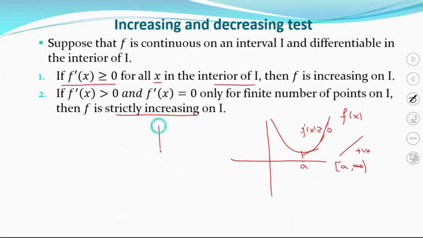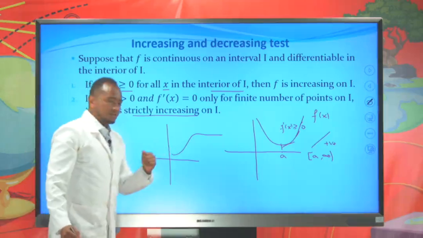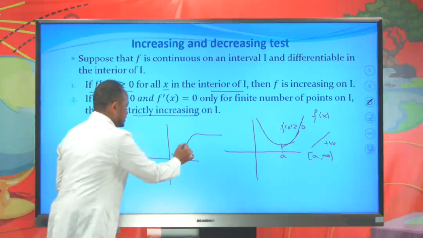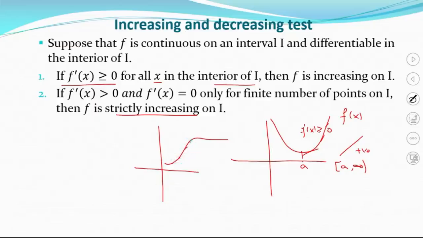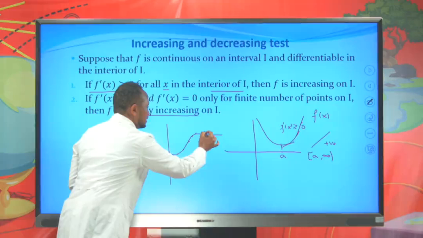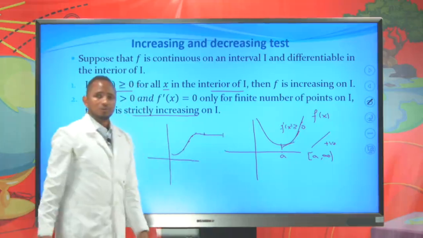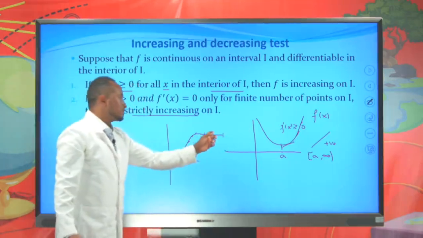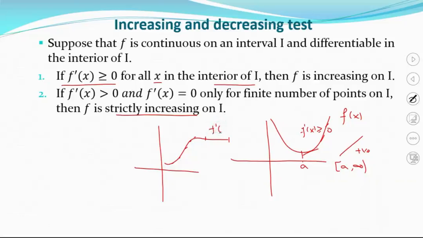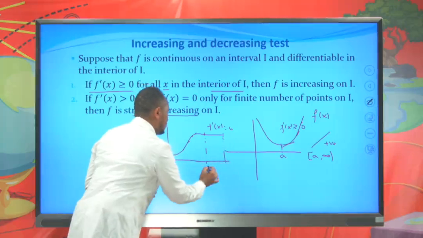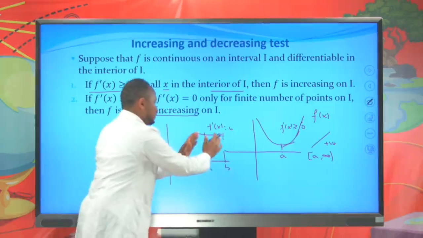But if you take this function, the derivative of this function, as you can see, is the slope of this tangent line. The slope of the tangent line is positive everywhere here. But for this part, the slope or the derivative of this function is constant, it is 0. The derivative of f of x is 0 for this interval, assume from point a to b.